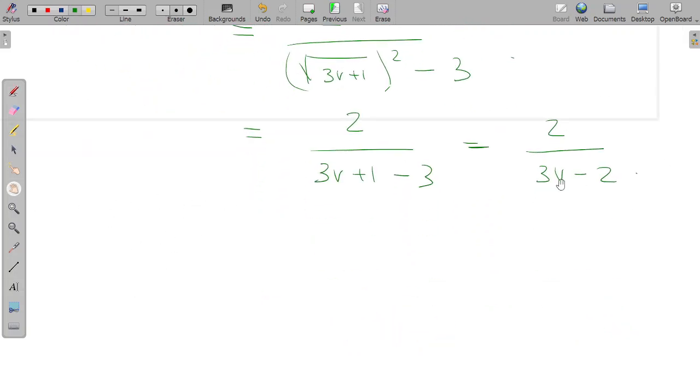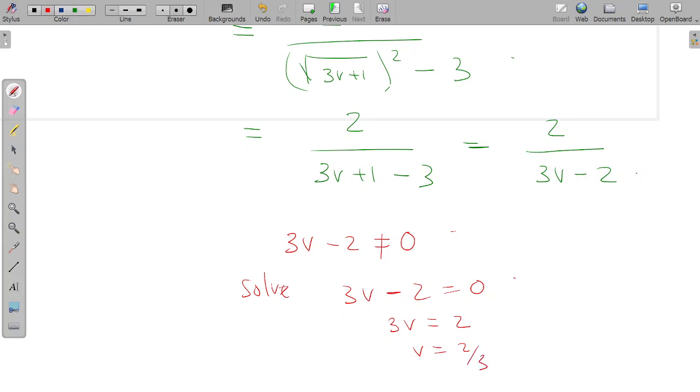And what is the domain of this? The domain of this, because it's a fraction, we don't want the denominator to be 0. So that means the domain will be where this is not 0. Which implies that if we solve it, equating it to 0, then we get 3v equals 2, then v equals 2 over 3.